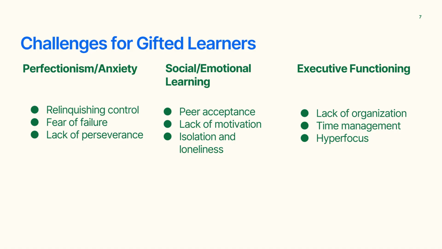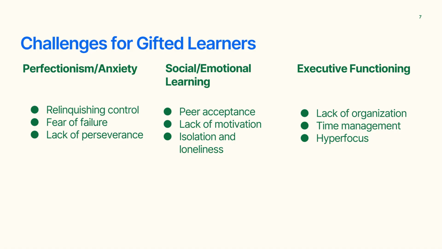The third major challenge that you see often with gifted learners is in executive functioning. Though gifted learners test gifted with their assessments and they show academic promise, you may also see within executive functioning a lack of organization, a lack of time management, or even a hyper focus on one area or one topic and an inability to move on to the next task.